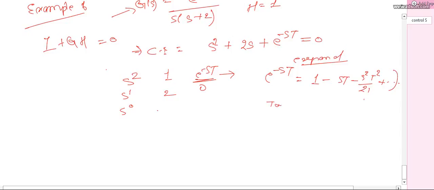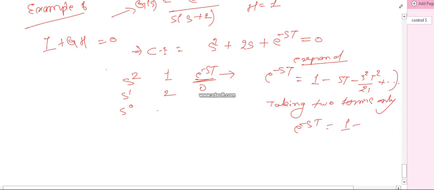Now taking just two terms only, what we get? e to the power minus sT is equal to 1 minus sT, and just put it here on the table. But just take the first term, not this one also.